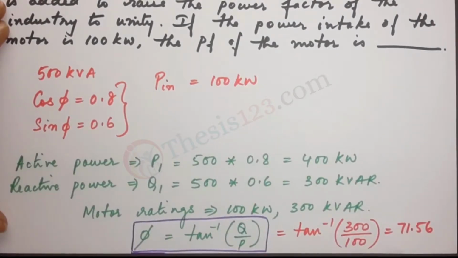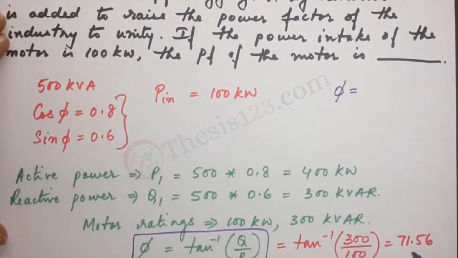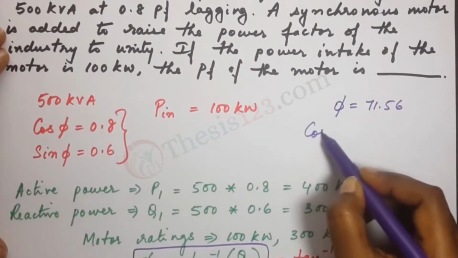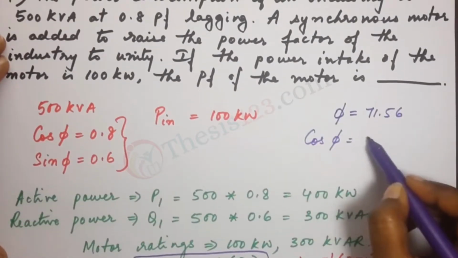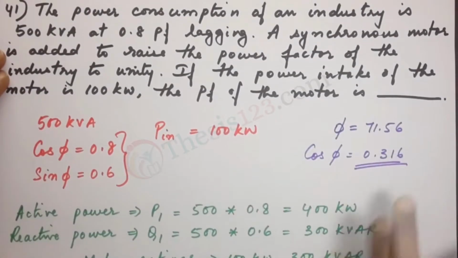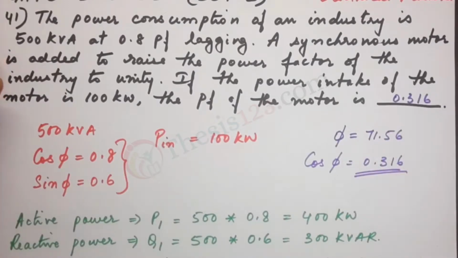I hope you're following. So we have that phi is equal to 71.56. We need the cos of this value, cos phi, which is 0.316. 0.316 is the final answer. I hope this has helped.